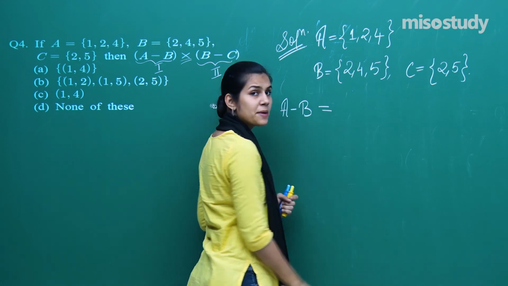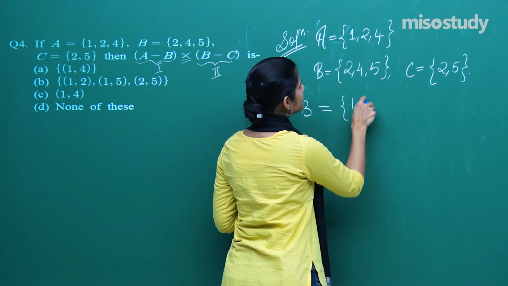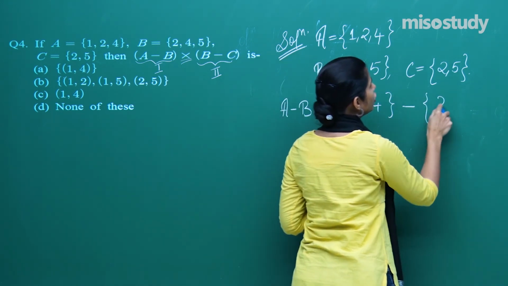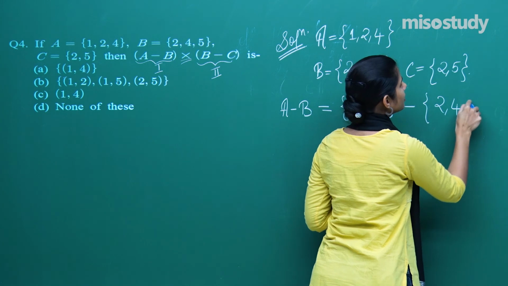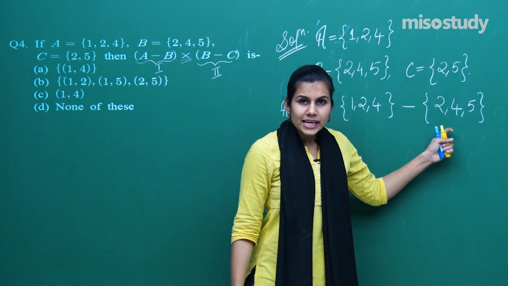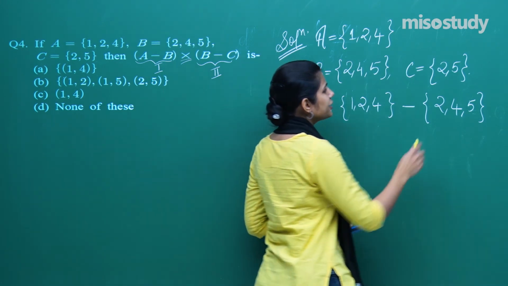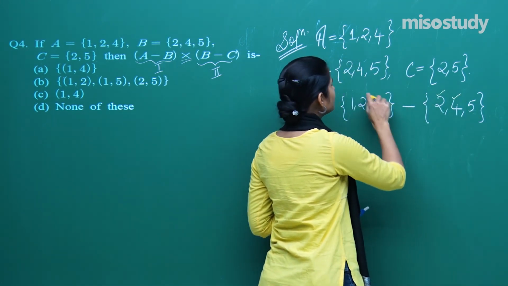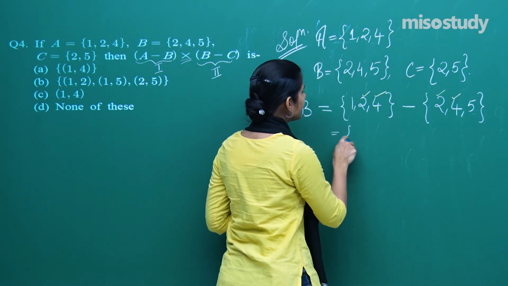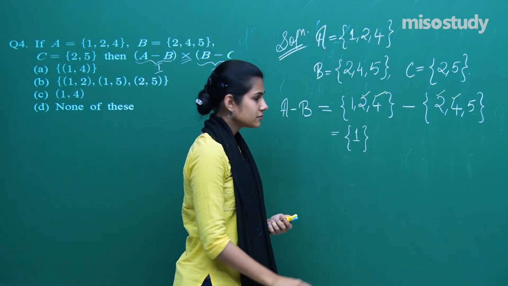Let's see what is A minus B. That means from A, which is 1, 2 and 4, remove the contribution of B. That means if there are any members of B sitting inside set A, remove them. Inside set B sit 2 and 4 which are sitting in set A. So remove 2 and 4 from A to get A minus B, which is singleton 1.